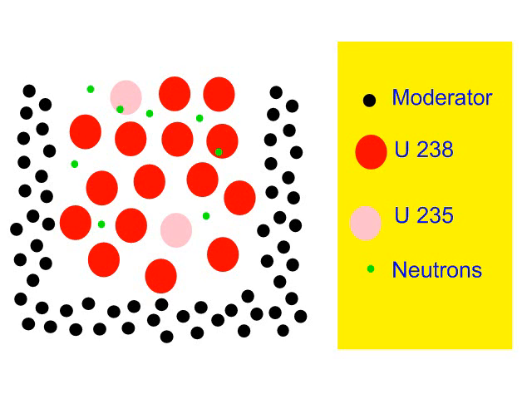Let's take a look at how a moderator works. Natural uranium, which is used as the fuel in any kind of nuclear power station, mainly contains uranium-238 with a small proportion, around about 1%, of uranium-235. Both undergo fission processes, that is to say that the atom splits when neutrons are absorbed.